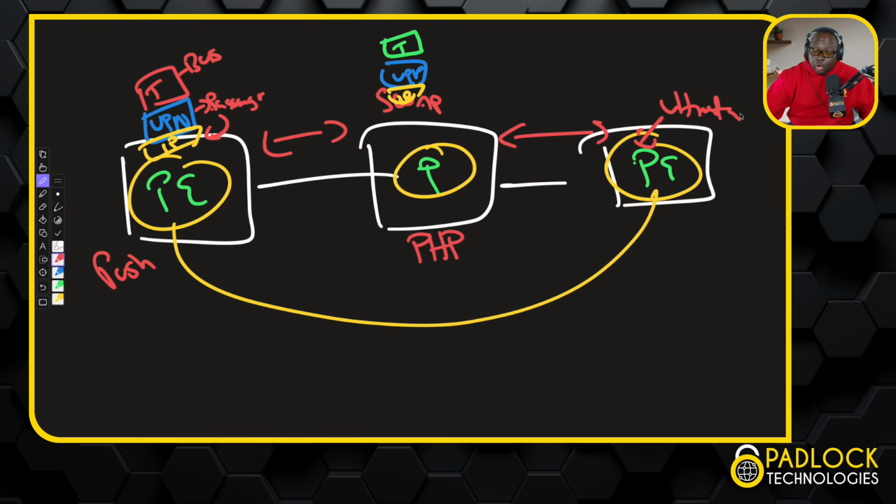Why? I have no idea why they did that, but that's what they call it. So the PHP process basically is going to pop off this label here, and then it's only going to have the VPN label and the IP packet. Once it gets to the exit point, it pops off the VPN label, and then it sends the IP packet on its way.